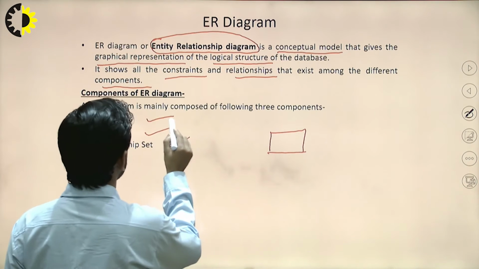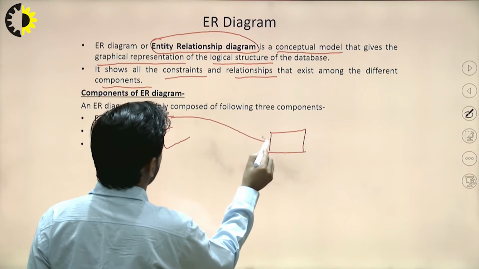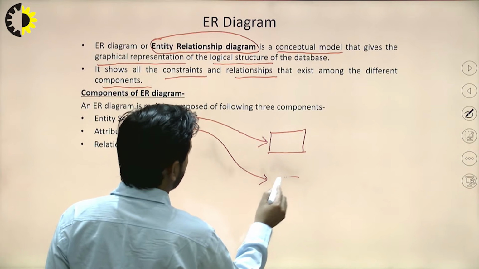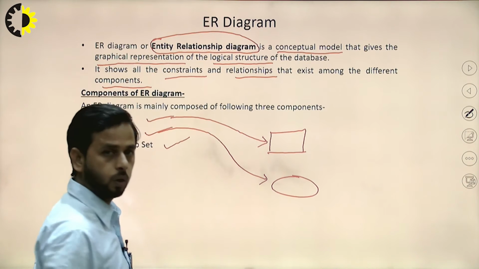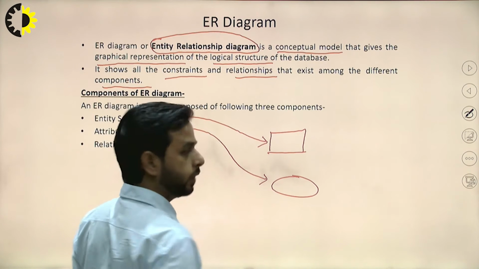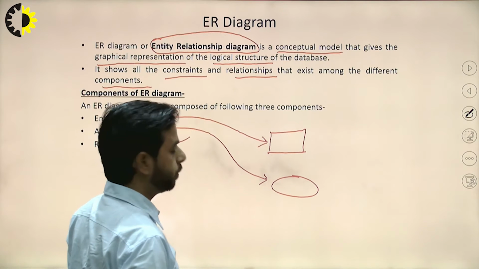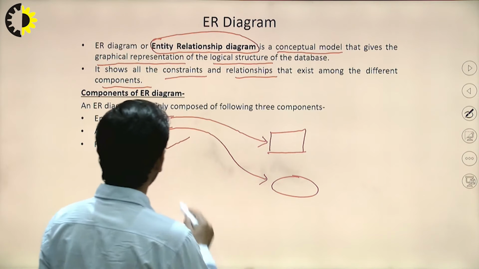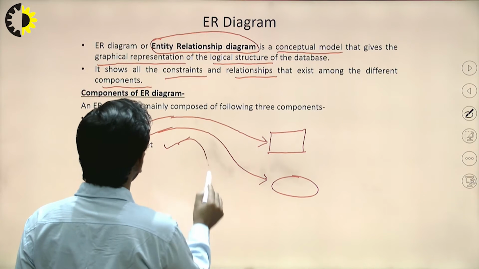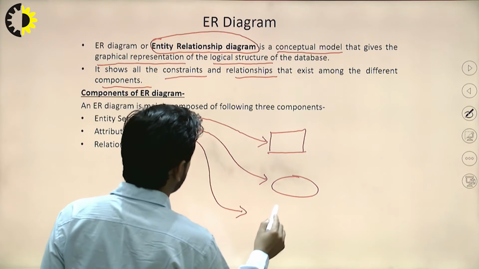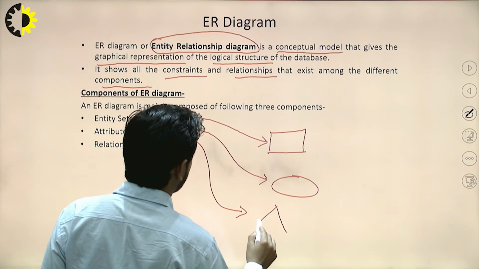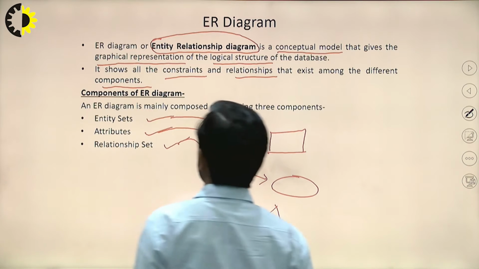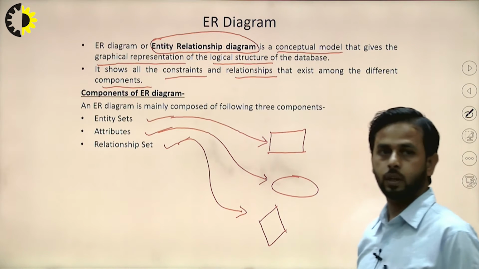For an attribute we use the oval symbol, and the oval shape varies depending on the type of attribute. The relationship set is denoted by the diamond symbol. These are the three components of an ER diagram.